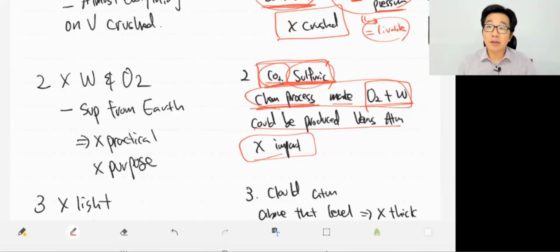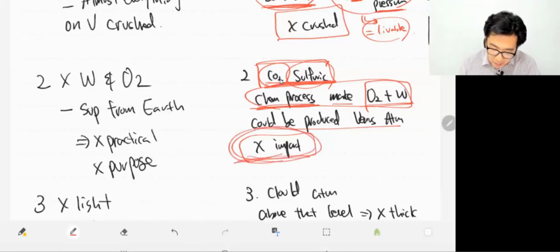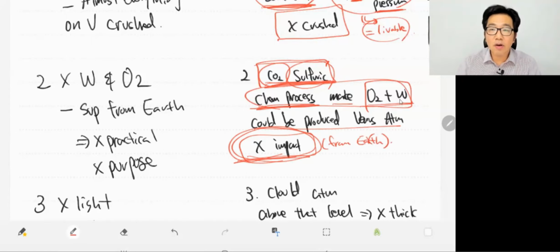So how often and how much would you try to import from Earth? It just doesn't make any sense, but there will be no need for that, because you can produce, you can make oxygen and water at Venus by using chemicals available at Venus. Okay, cool.